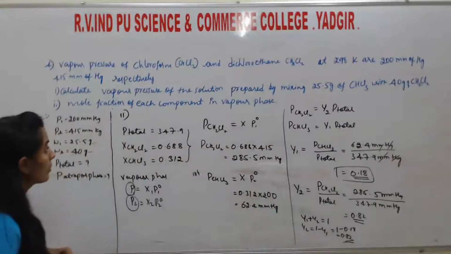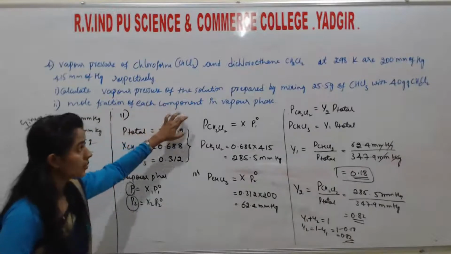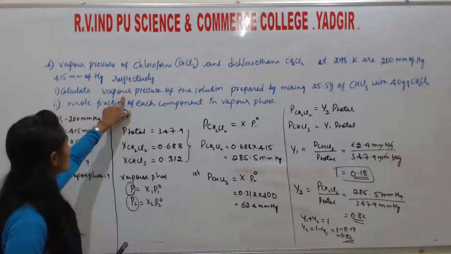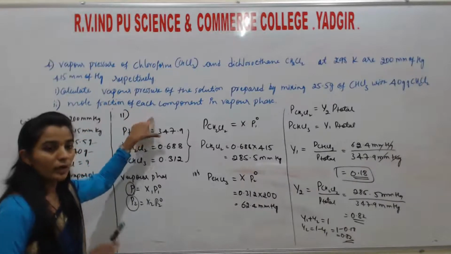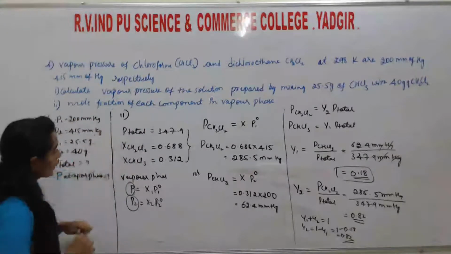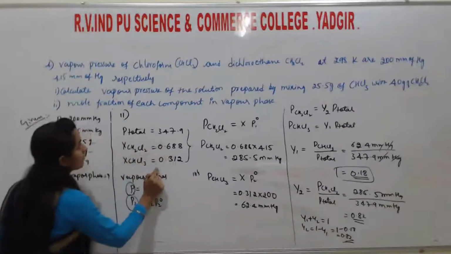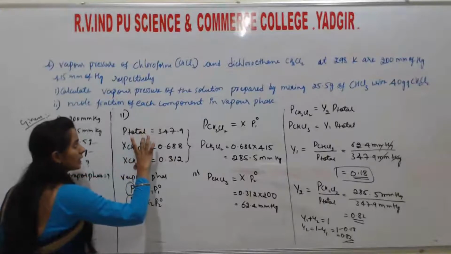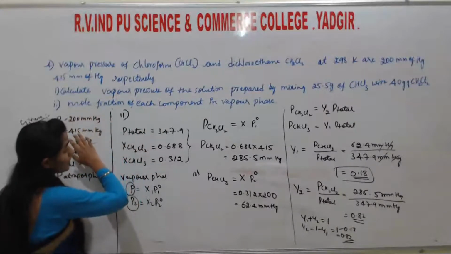This is the vapor pressure of each component and the mole fraction of each component in the vapor phase. This is in the liquid phase, and this is in the vapor phase. I hope you understood, students. From these given data we calculated these three, which are required for the first question.